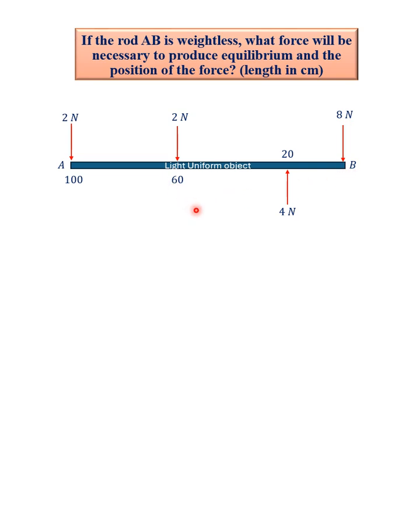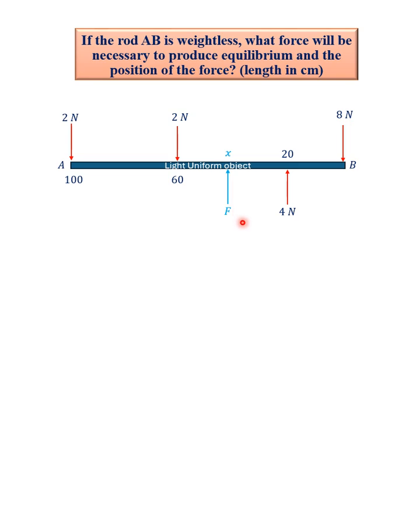So let's just arbitrarily pick a point and say let the force F, which we don't know the value, be at a position X from B, since all the dimensions are measured from point B. Now that we've done that, we are just going to take equilibrium of forces.